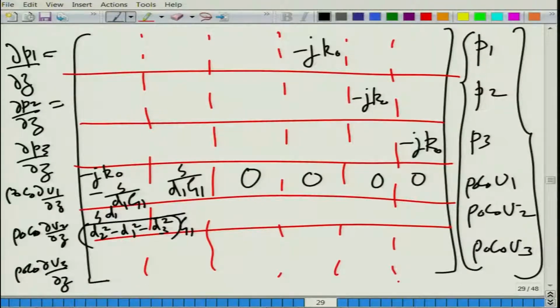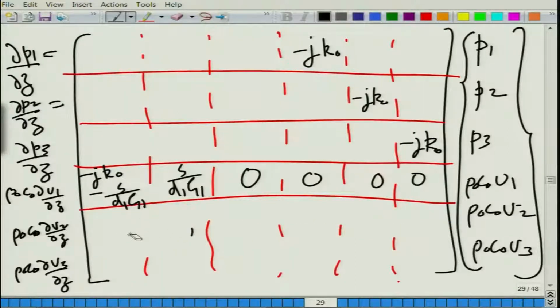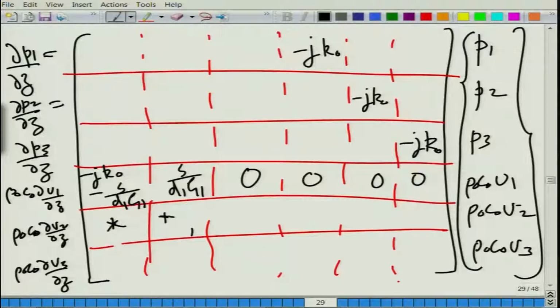So, what I am going to do, actually let me sort of rub this guy completely, and what I would be doing is that I will put a star mark here and a double star mark here, okay, and as well okay.